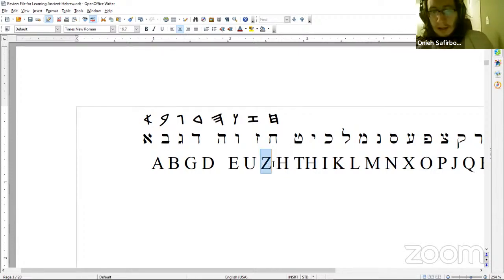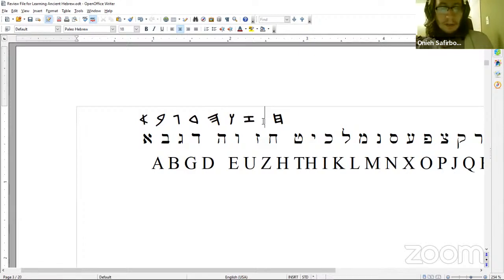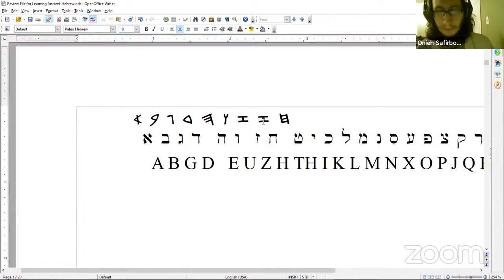Same thing with the Z. So you see how Z looks like a capital I. Well, later on, it becomes more of a diagonal, like a slanted I.